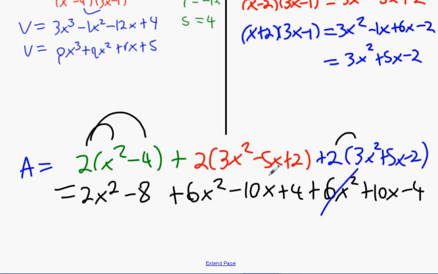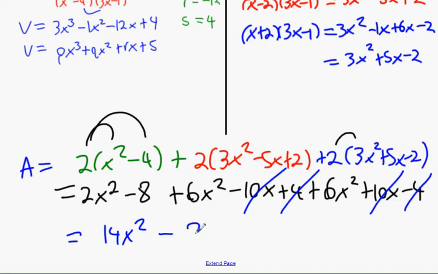Oh, they don't cancel. Excuse me. Two x squared plus 12x squared, 14x squared. Any x's? No, just x on its own. No. 14x squared minus 8.